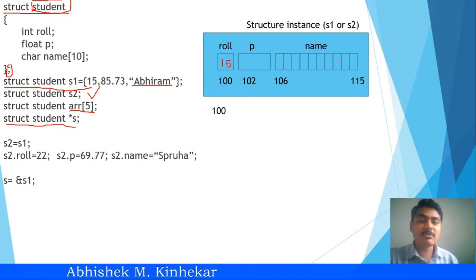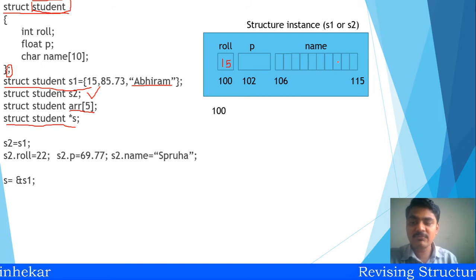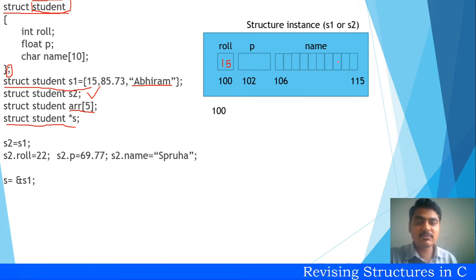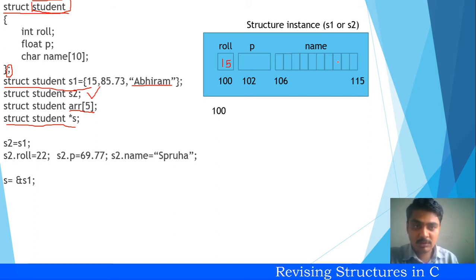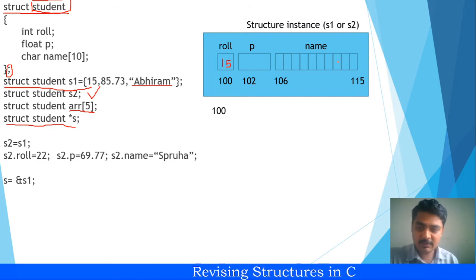What if I want to write something like S2 dot roll equal to 22? What will happen? It means you will be overwriting the value of S2's roll from 15 to 22.